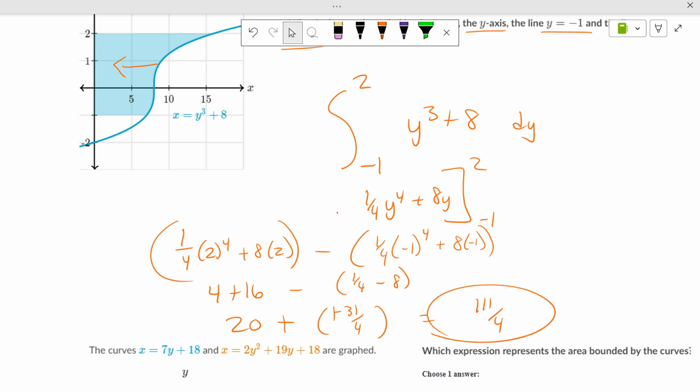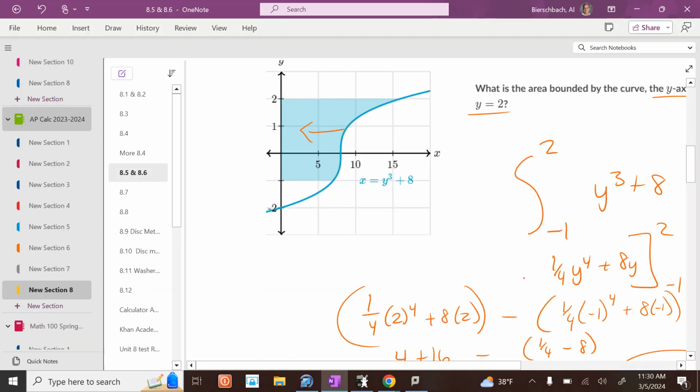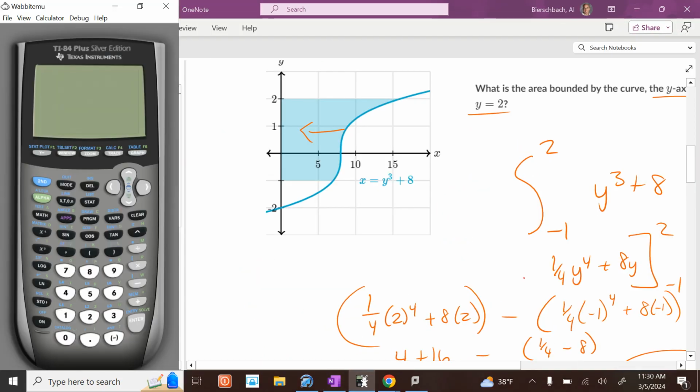Okay. What if we did it on our calculator? Doing it on our calculator, boom, boom. We would just change our y's to x's. Turn on. So it's math 9, is it? Yep. -1 to 2 of x raised to the 3rd power plus 8 dx.